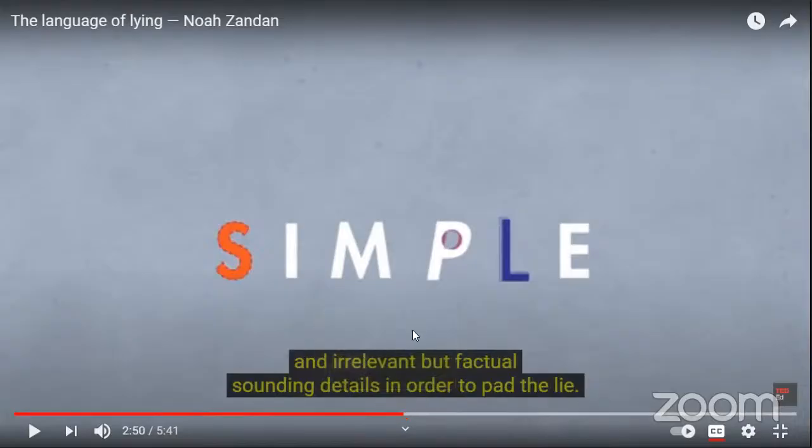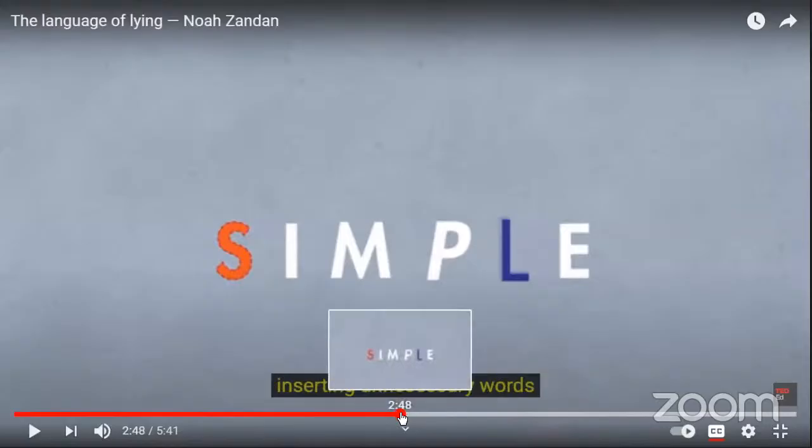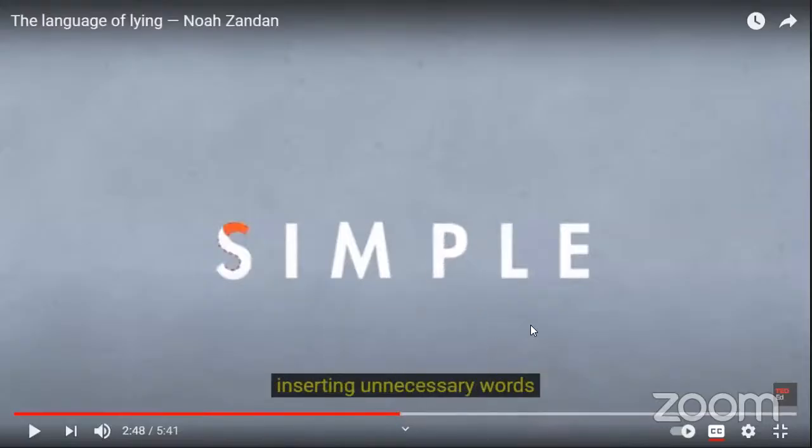They say unnecessary, irrelevant ideas, right? So the sentence is longer and longer. The sentence is simple, but it is long with irrelevant information, with unnecessary words. But it's still simple. And those are the four ones.